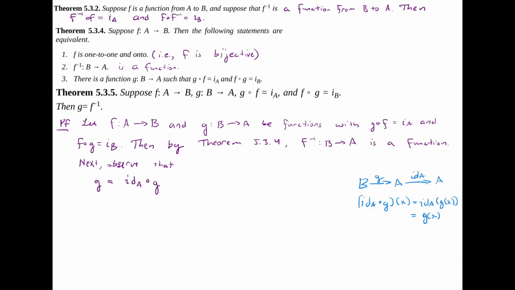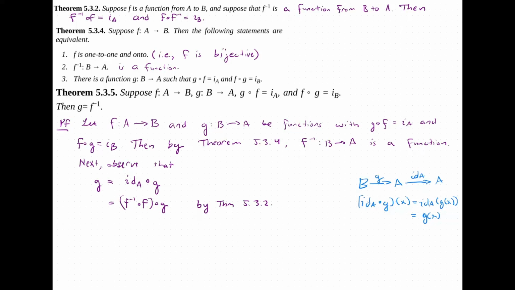Now we're using this observation that we just made. Now we're going to use theorem 532, which tells us that the identity on A is equal to f inverse compose f. And so we have f inverse compose f compose g, by theorem 532.